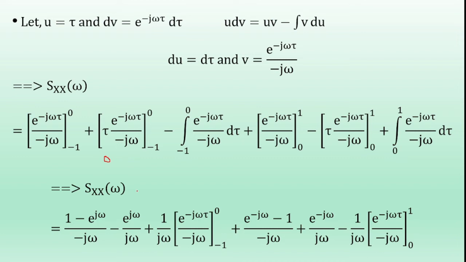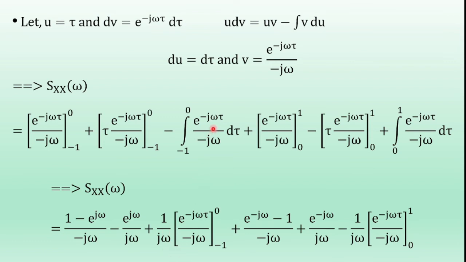Okay, minus tau. So plus into minus minus e power j omega by j omega plus, and here minus into minus plus 1 by j omega.